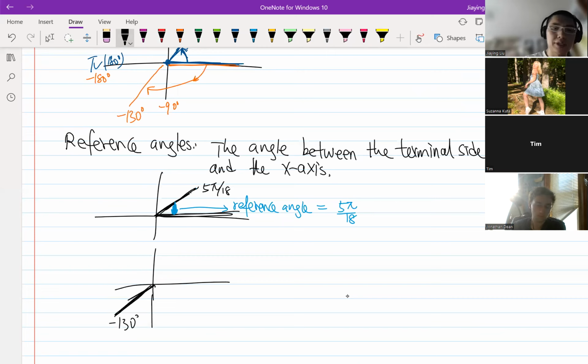So that's the terminal side. This is the starting side, the initial side. And if I were to use the terminal side and the x-axis, I'm going to use the negative x-axis because that's the closest to the terminal side. And this angle created between those two sides is going to be the reference angle.